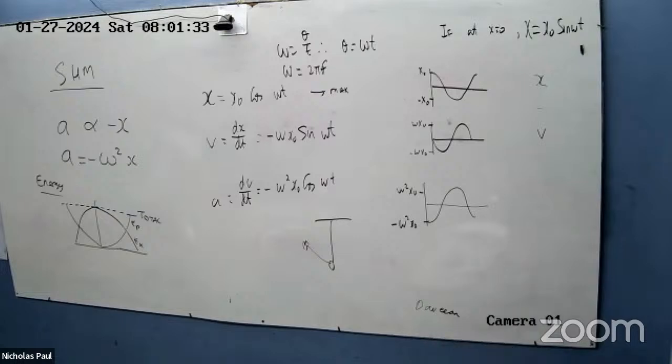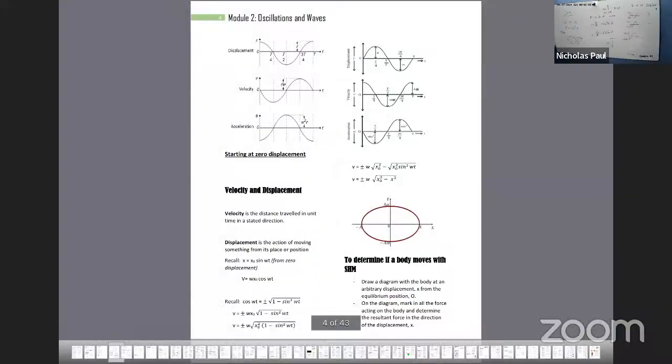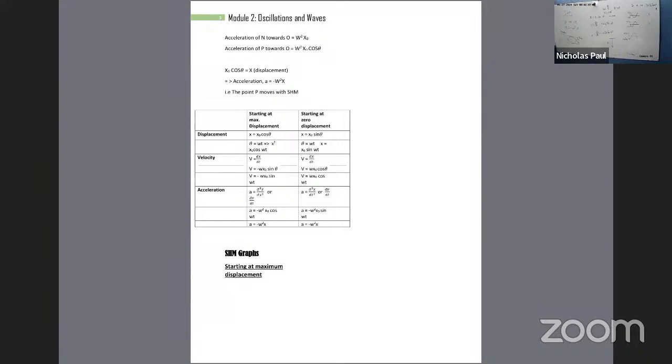Right, so next thing you want to look at, you want to go back to the handout. We went through all these things on the handouts already.